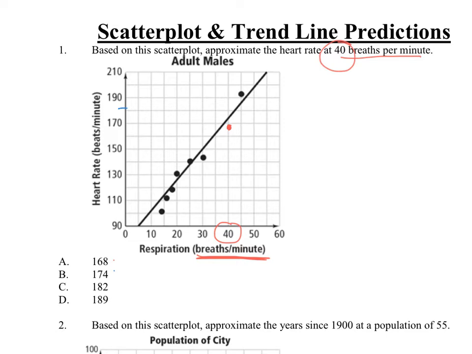If this is 180, we'll say it's like right here, which is even better than A because it's actually on that line. And then I'm going to try C just to double check. That's at 182, so a little bit above this middle line. And then D is at 189, so basically 190. Okay, so the one that falls along that line the closest looks like it would be B.